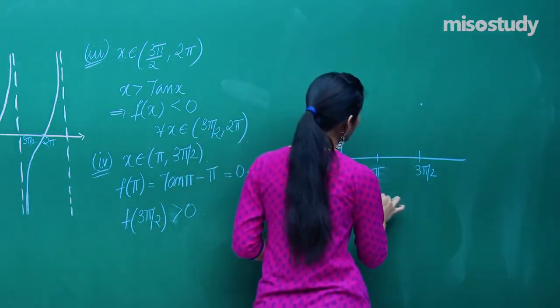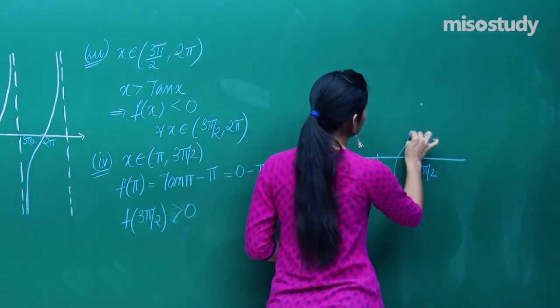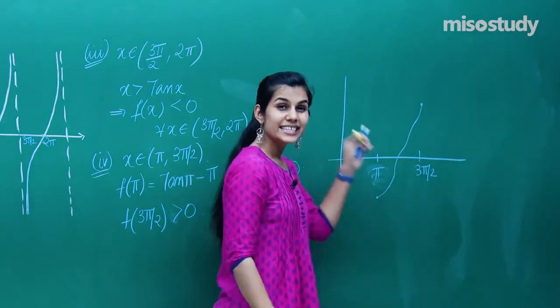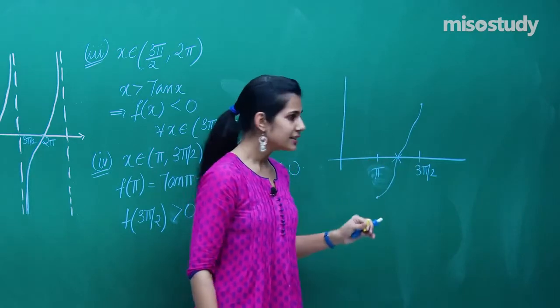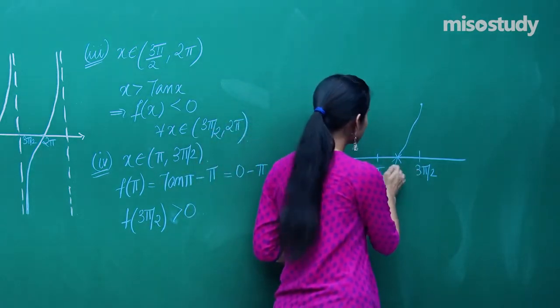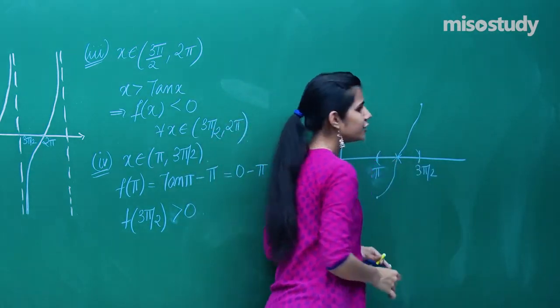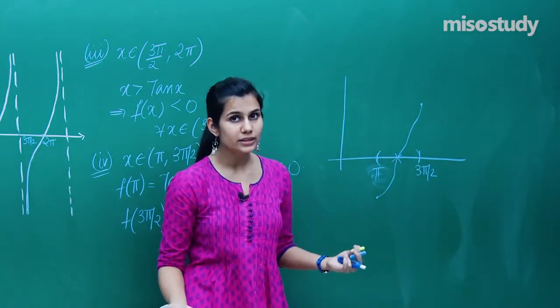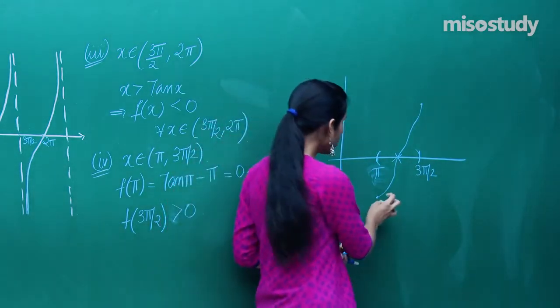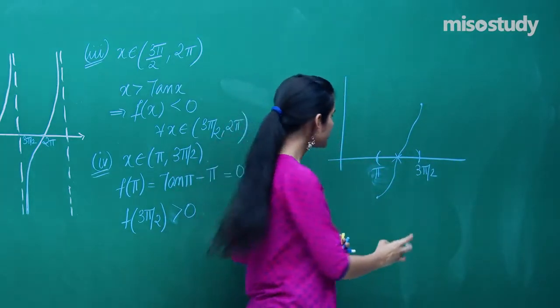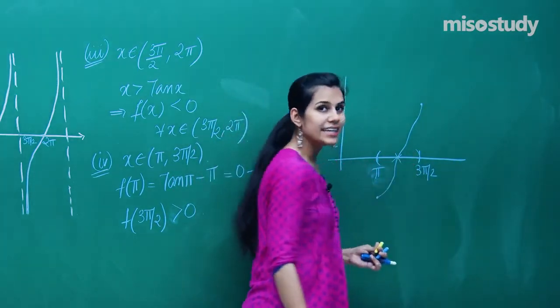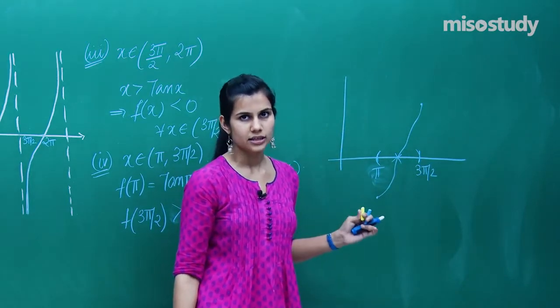So when this f function is plotted, it is definitely going to cut the x-axis at least once in the interval pi to 3 pi by 2. It can cut even more than once, but because at one point it is negative, at one point it's positive and it is continuous, at least once it is going to cut the x-axis.